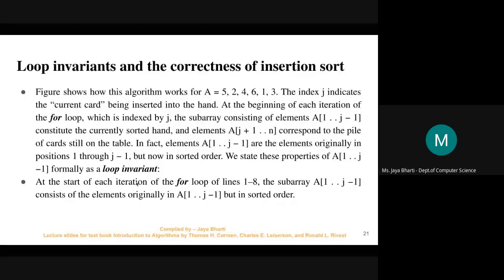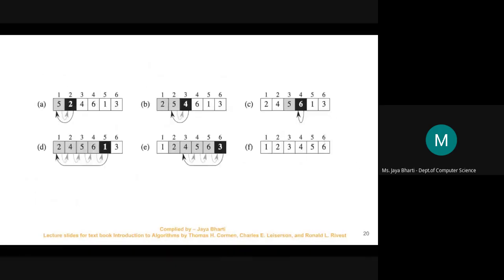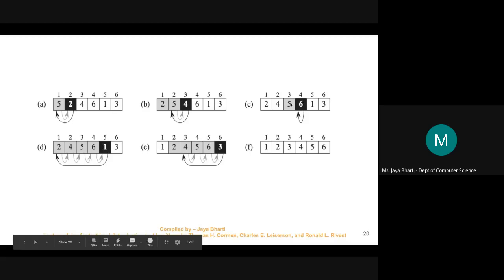At the start of each iteration of the for loop of lines 1 to 8, the subarray A[1 to j minus 1] consists of the elements originally in A[1 to j minus 1] but in sorted order. We have seen that the elements here, 1 to 3, are the same, but now they are in sorted order. Initially it was 5 to 4, now it is also 5 to 4, but in sorted order. This is known as the loop invariant.